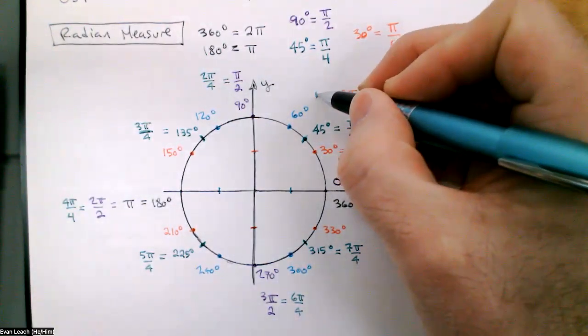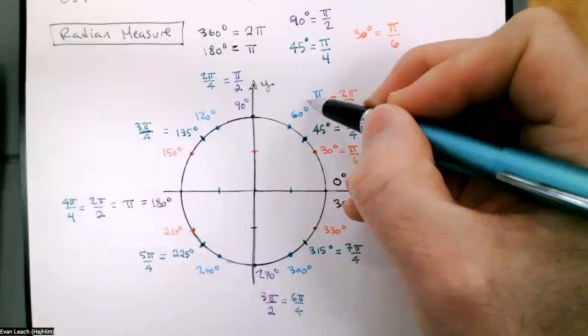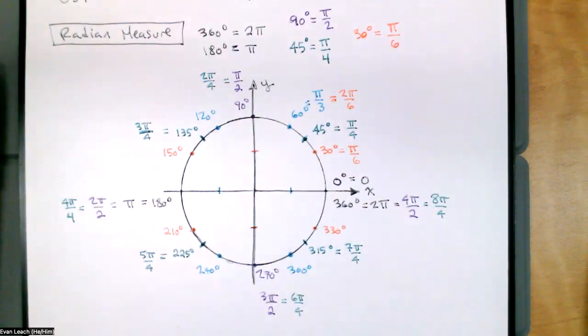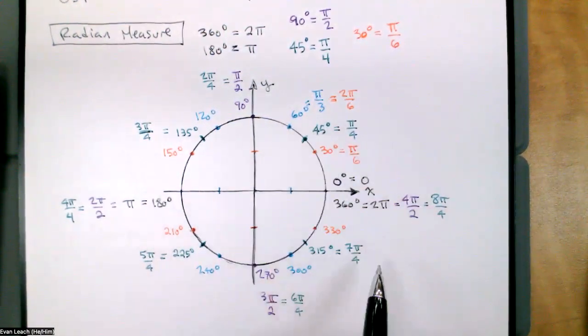We got pi over 3. 60 degrees is pi over 3 radians. So let's count by 30s, and we're going to note 60 degrees is going to be pi over 3.